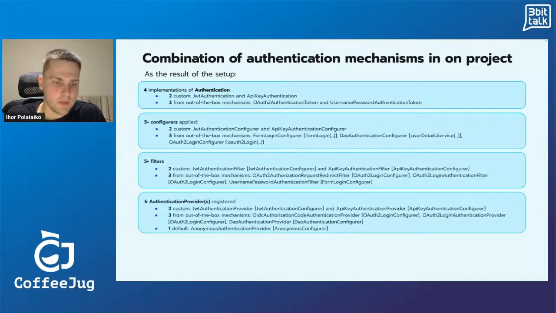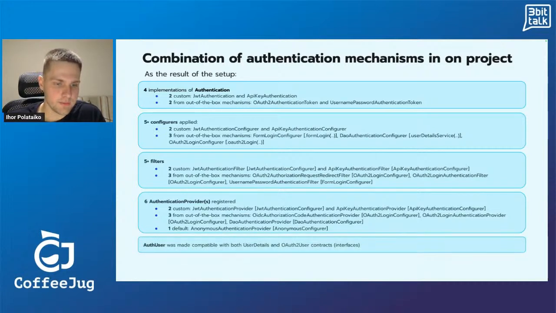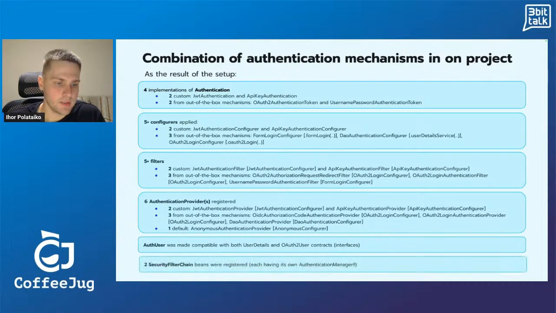And this one is called anonymous authentication provider, and even this one is set up by a dedicated configurer, which is called anonymous configurer. AuthUser was made compatible with both UserDetails and OAuth2User contracts. And 2 security filter chain beans were registered for specific security setups, and each of them has its own authentication manager.